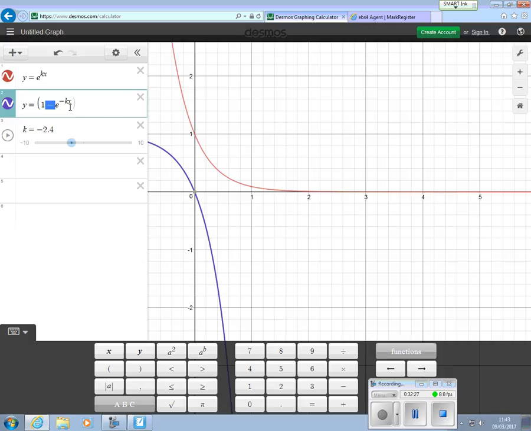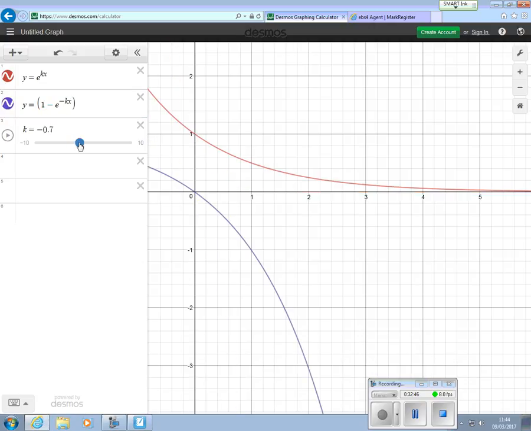Something I've done wrong, because the negative, I'll put a minus in.